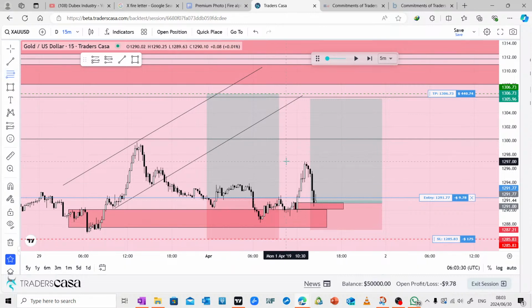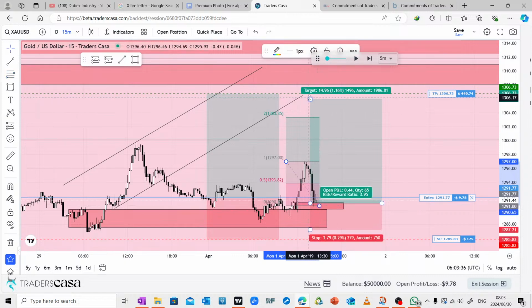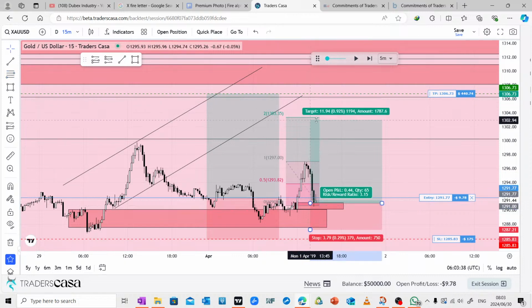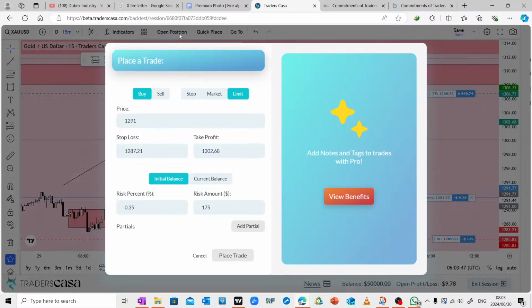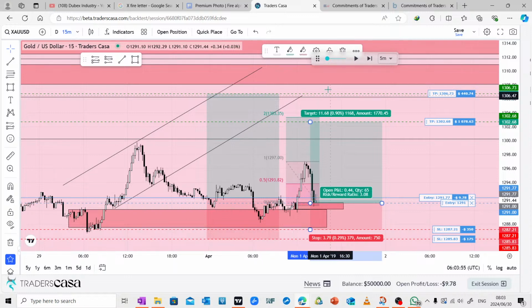The retracement happened here today to right there. So 2 times somewhere here. So I'm going to target this high, just like that. And then that's a 1, 2, 3. So I'm going to open my risk more now because I can see the trend play, and then play that.